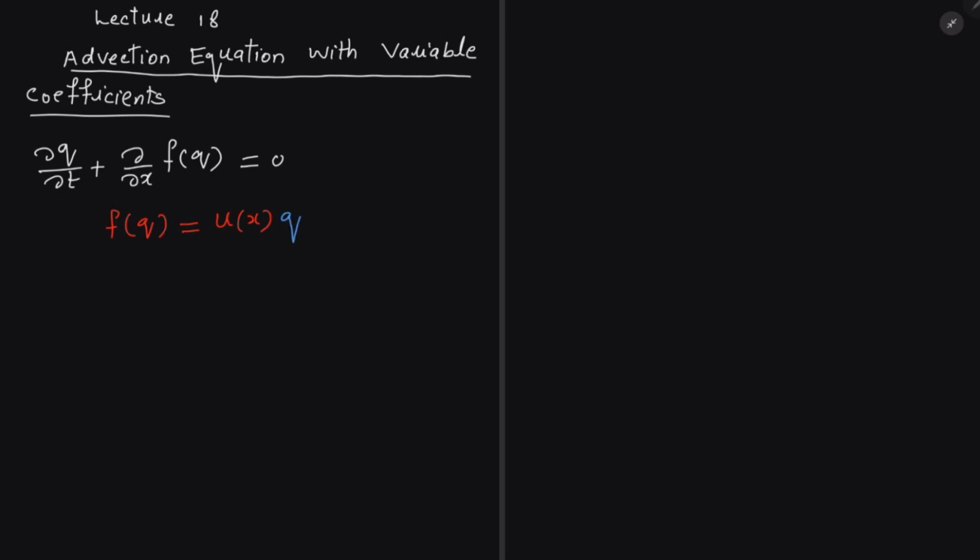If you remember, for the advection equation with constant coefficient, we had partial q by partial t plus partial by partial x of f of q equal to 0, where the flux function is u bar q, and u bar is constant, which is the speed of the tracer, the speed of the q, which can be density.